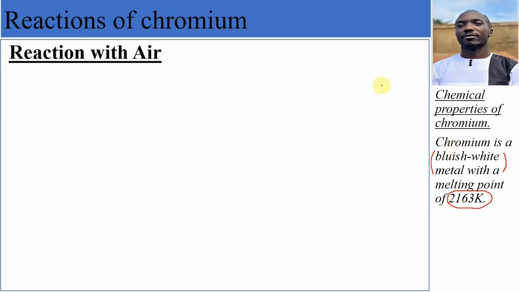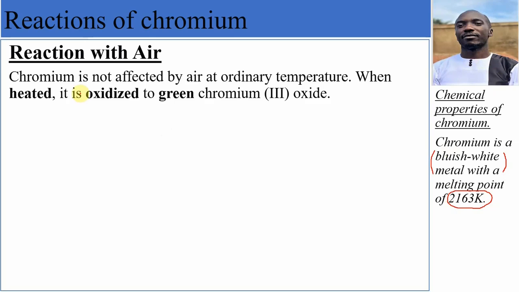Reaction number 1, reaction with air. Chromium is not affected by air at ordinary temperature, but if we do it in our ordinary lab, we might come to the conclusion that it does not react, but it does so after applying enough heat. Some books say when it is red hot, that is when it is very hot, it is oxidized to green chromium 3 oxide.